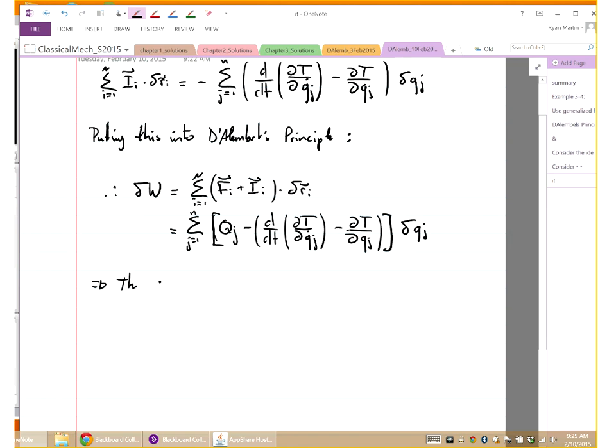Now, this must be true for all delta qj. They are independent. So that means that each term in the sum must equal 0.